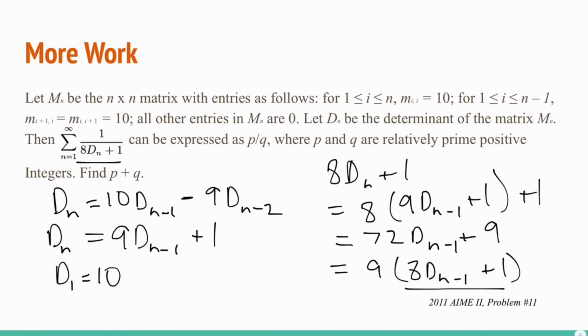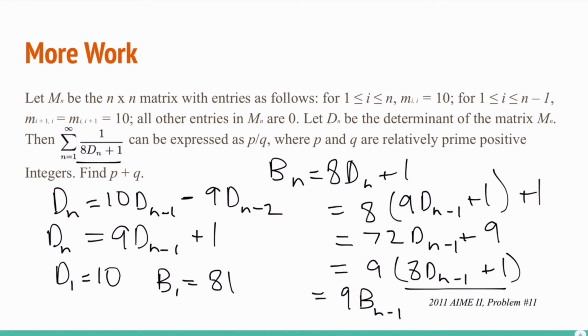But this is just the previous term. So if we say that b of n equals this, then b of n equals 9 times b of n minus 1. And we know that b of 1 equals 81.